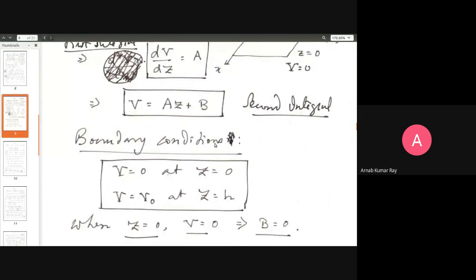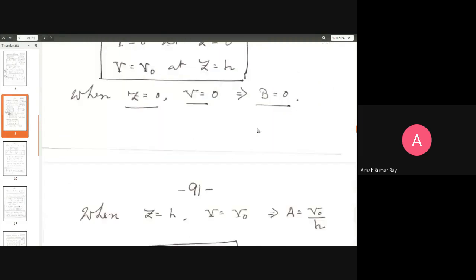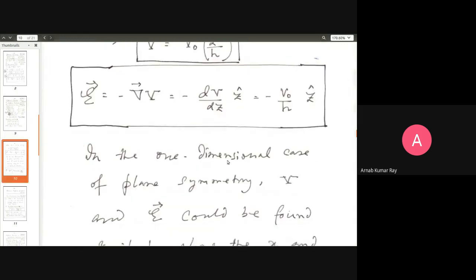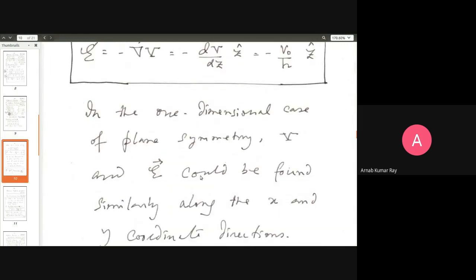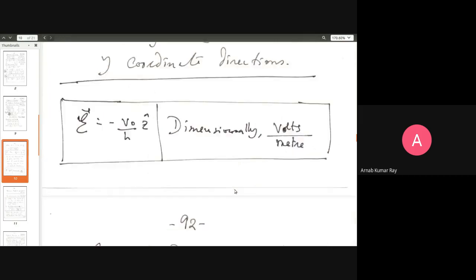If you were solving for Laplace's equation as it depended only on one variable, then whatever you do for any one coordinate will also apply to the other two coordinates. We worked for z, but we discussed that the similar solutions could also be found along the x and y coordinates.